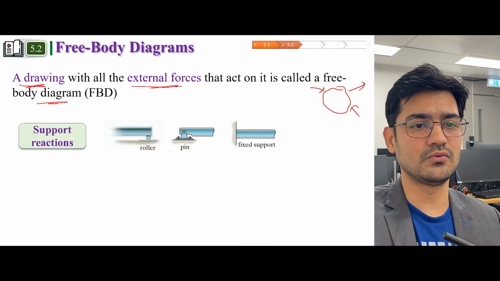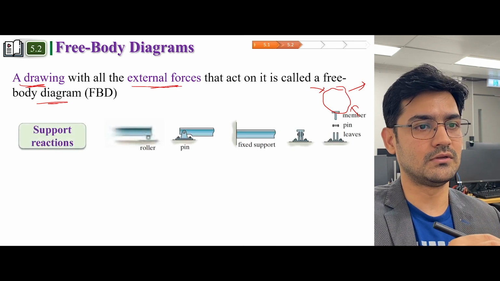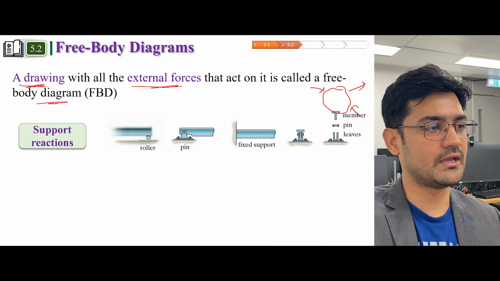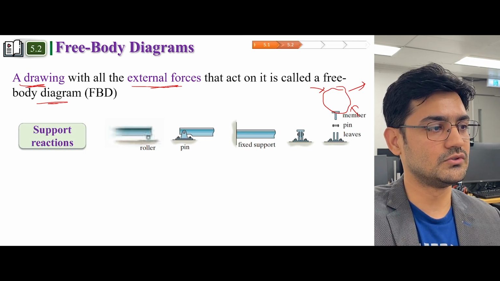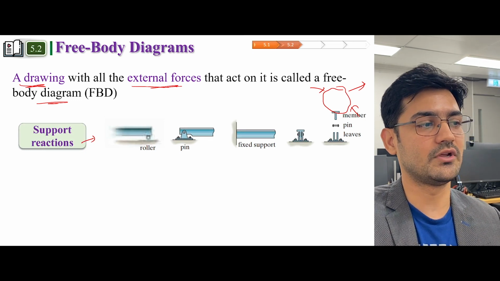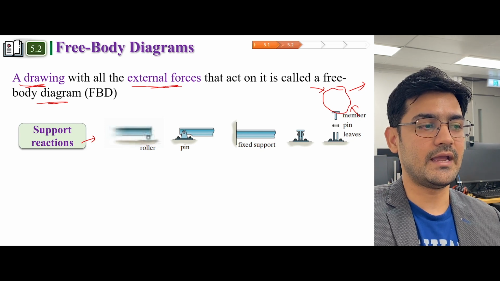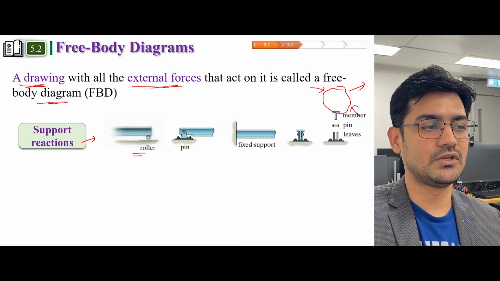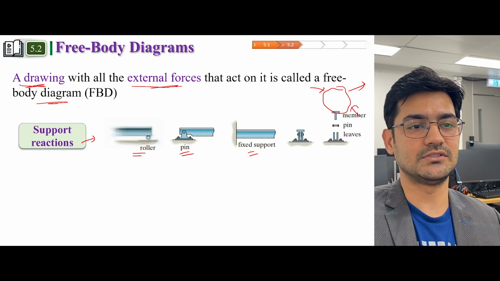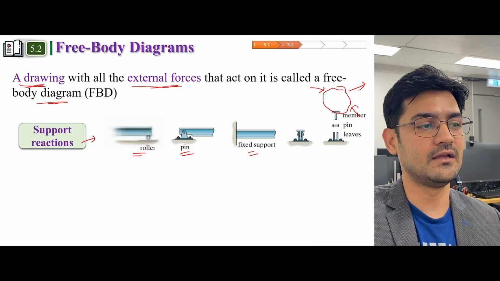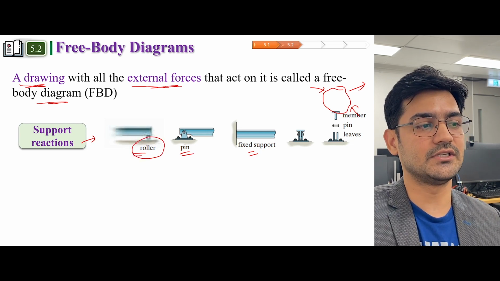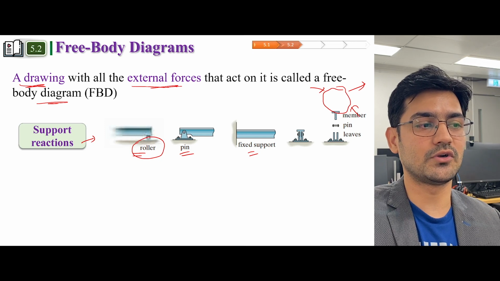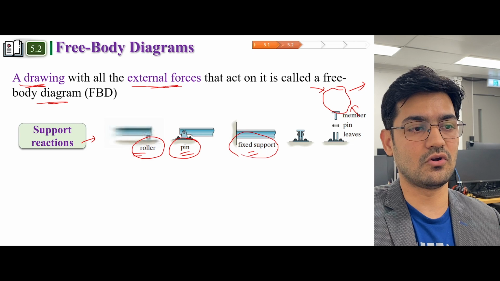Now before going into detail about the procedure, we can go through something called support reactions. So I have shown three types of support reactions in this slide. One type of support reaction is called roller, another type of support reaction is called pin, and another type of support reaction is called fixed.